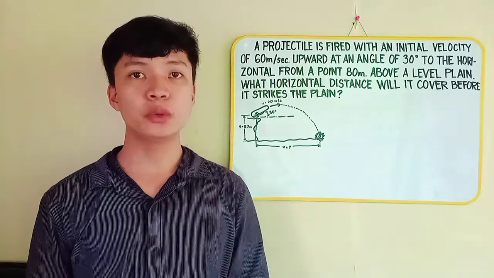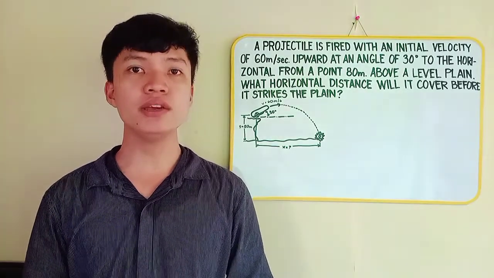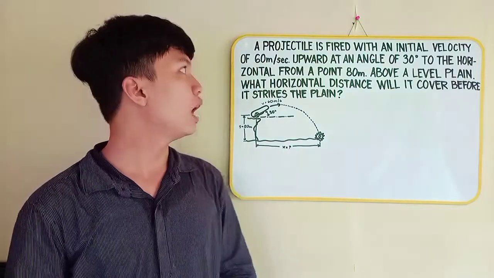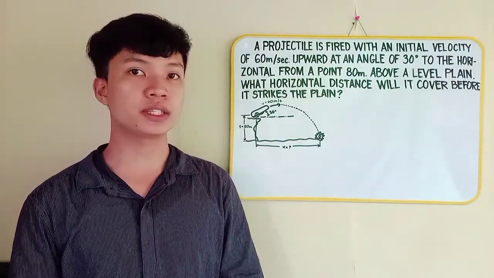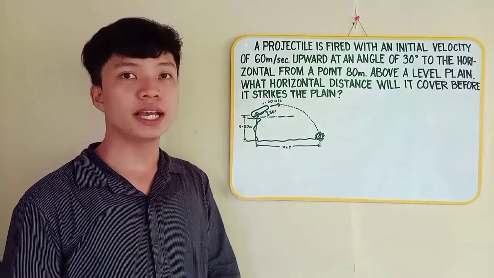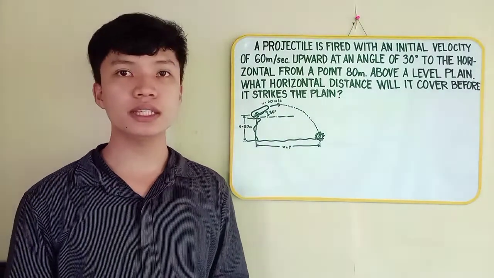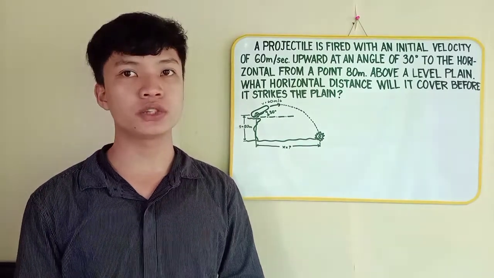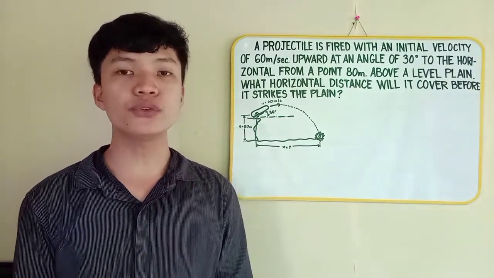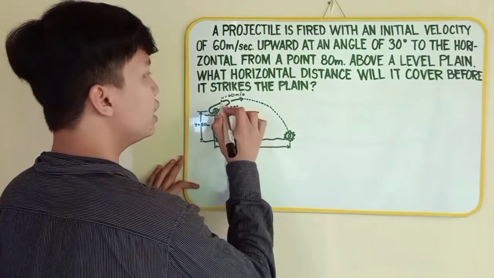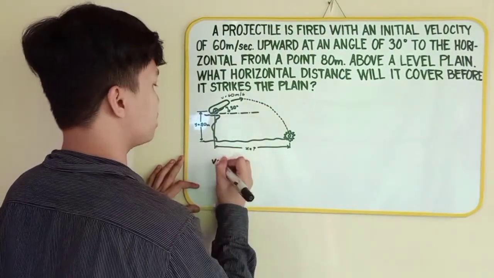In this problem, we have a situation where a projectile is being fired with an initial velocity of 60 meters per second, upward at an angle of 30 degrees to the horizontal from a point 80 meters above a level plane. What horizontal distance will it cover before it strikes the plane? So first, we will write the given. Our initial velocity is 60 meters per second.